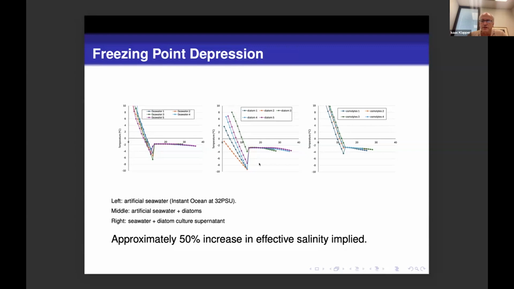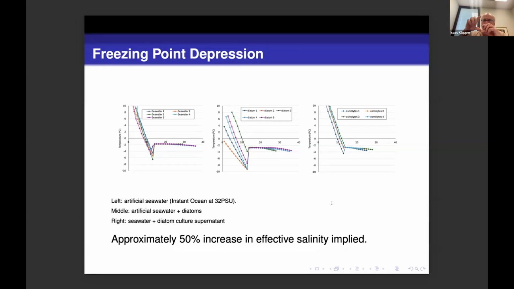So they tried to use a concentration that was something similar to what you might see in ice. Just to check, on the right, what they did was they took some of this culture, and then they spun it down in a centrifuge and pulled off the supernatant.